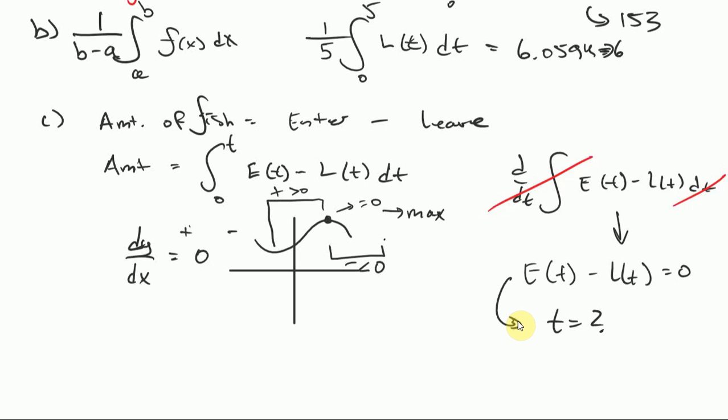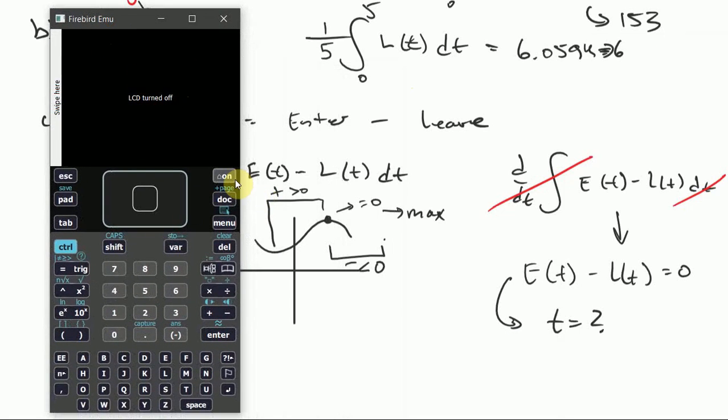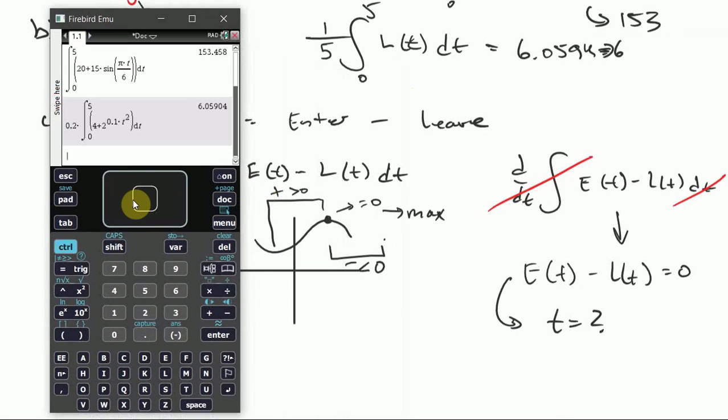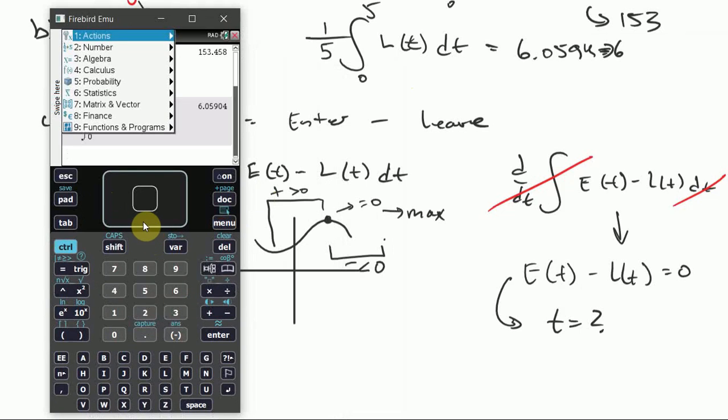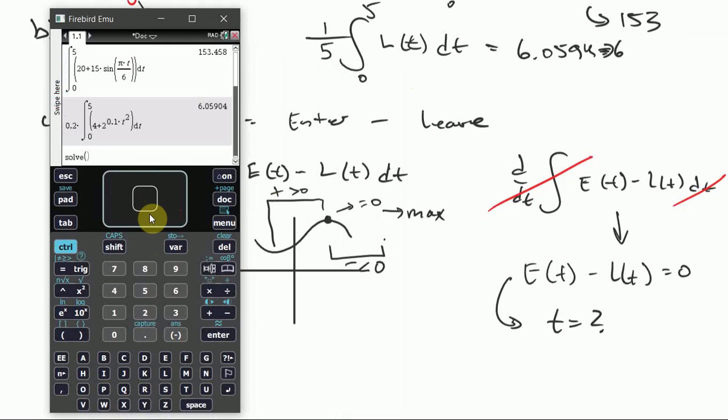So t equals what? Now, lucky me, I have a TI-Nspire CX CAS. Time to turn it on and get to work. Let's go to the solve function, and we're looking for a time when E of t minus L of t is equal to 0.